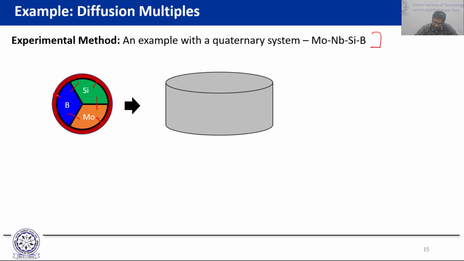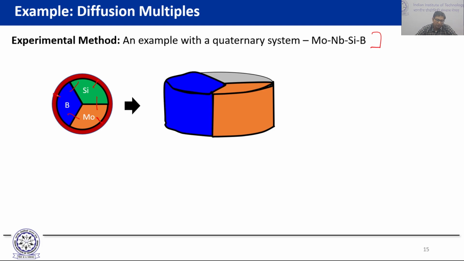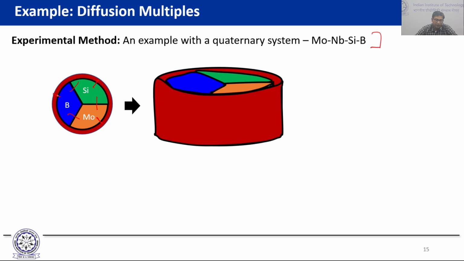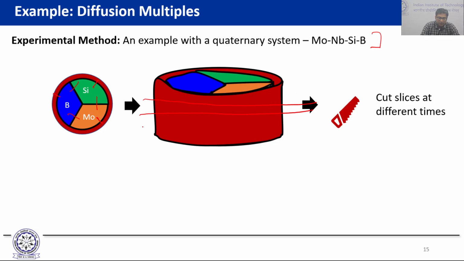So if you think of this diffusion multiple, it will look like this type of a cylindrical block, of which one slice is made out of moly, one slice is made out of boron, one slice is made out of silicon, and then all of it is contained inside this niobium can. And then what you want to do is, at different time intervals, you will want to cut different slices. So you want to cut the slices like this, so that you can see all of the interfaces.